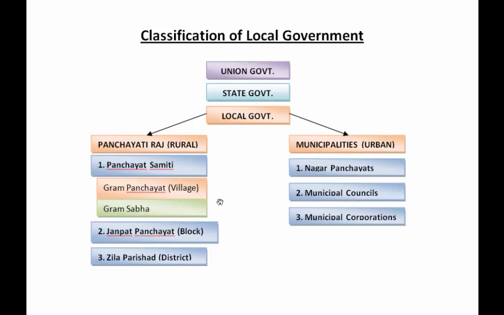These are some of the classifications of the rural local government. And again, the Gram Panchayat has a Panchayat Samiti, an assembly. Under this Panchayat Samiti itself, we have the Gram Panchayat, which works at the village level, and also they have a Gram Sabha.